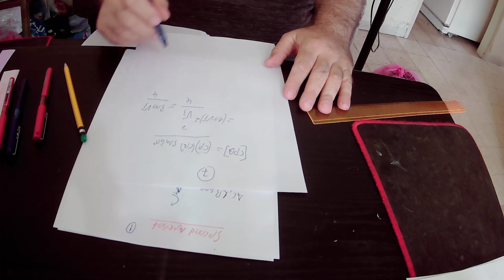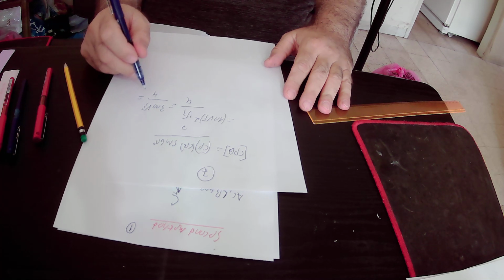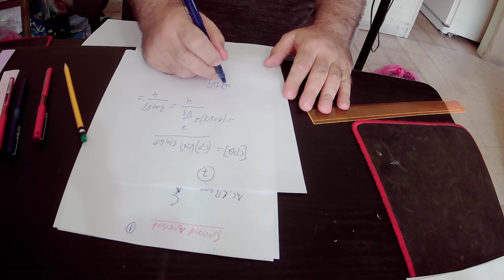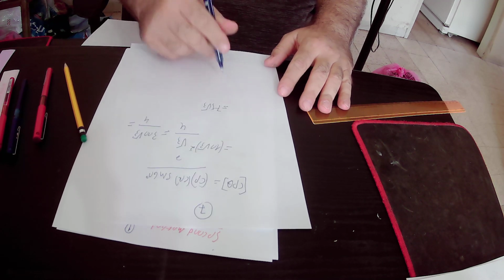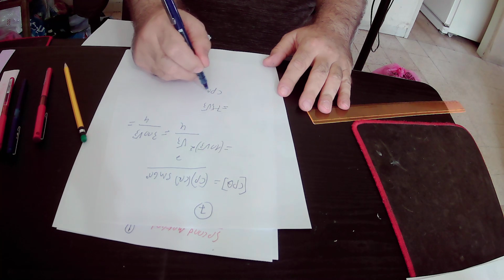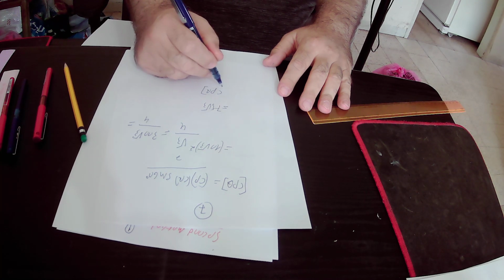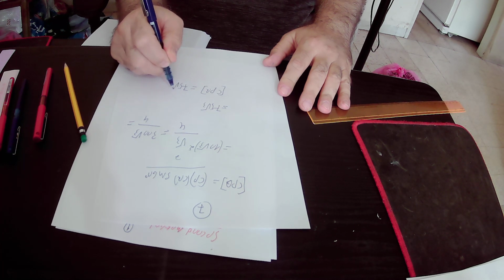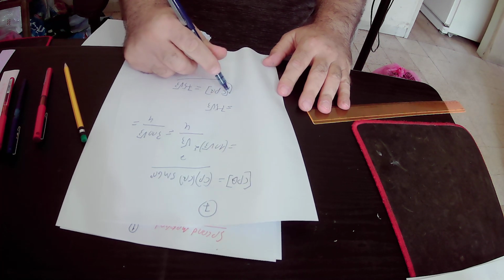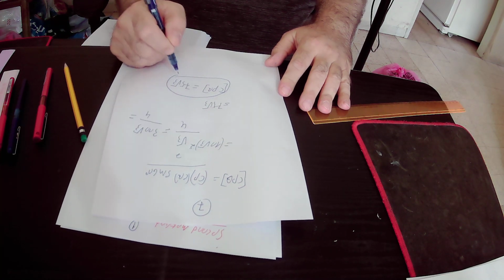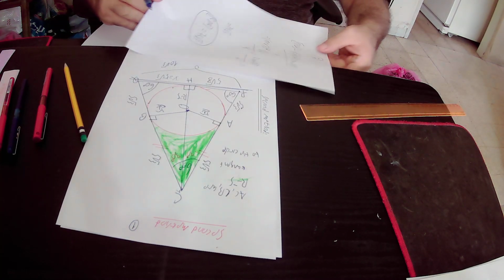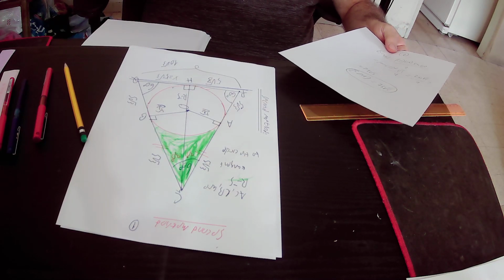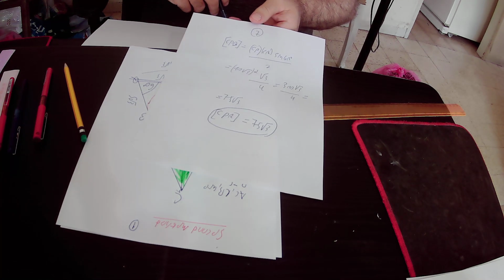And 300 over 4 is 75. So the area of triangle CPQ equals 75 times root 3 square units. Okay?